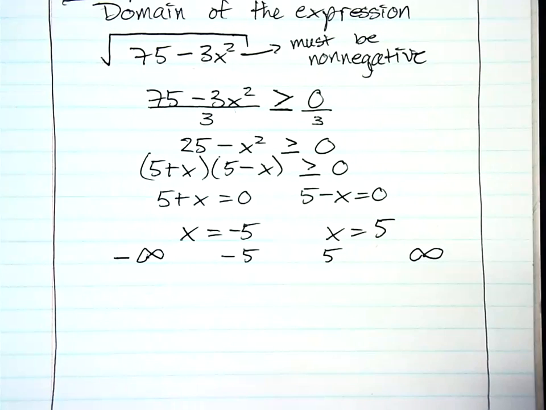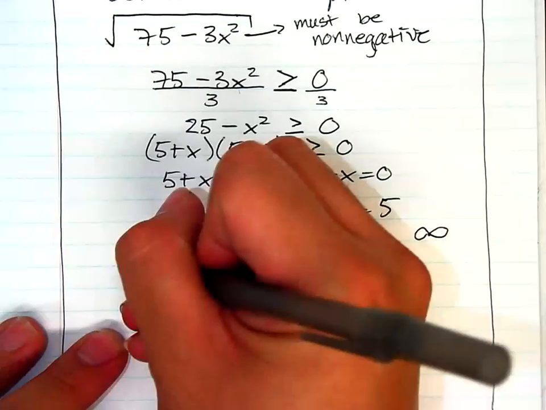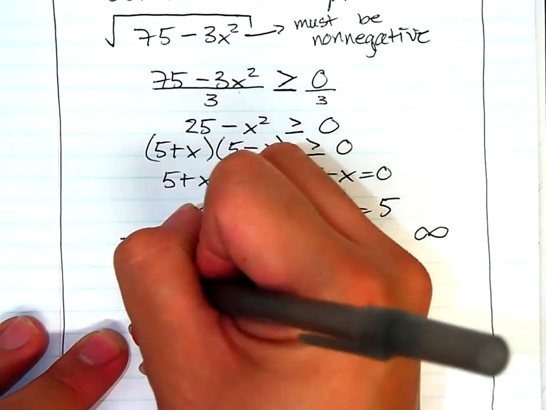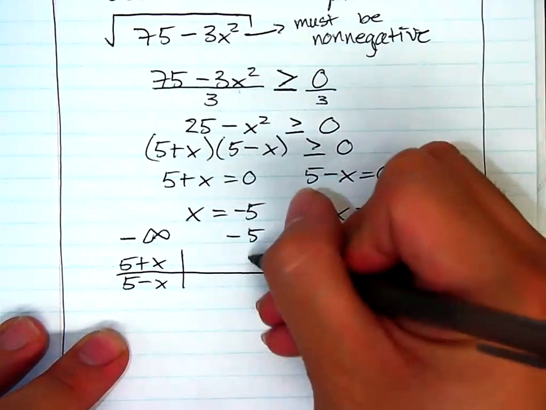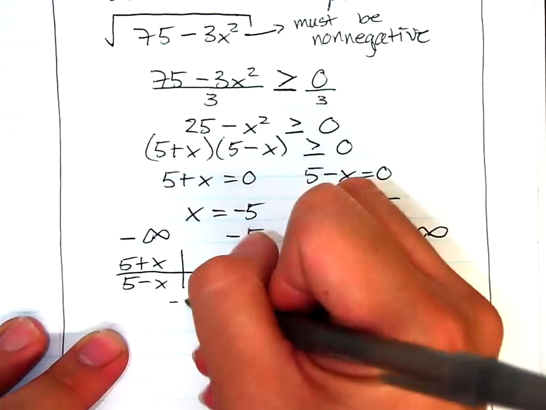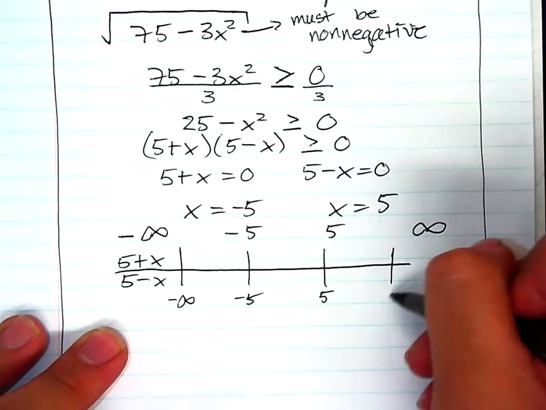So I do need to test out some points in there. However, there's actually kind of a shortcut to do this. I'm going to go ahead and first do it just like we've been doing. So I'll have 5 plus x, 5 minus x, set up my chart. Negative infinity, negative 5, 5, and positive infinity.